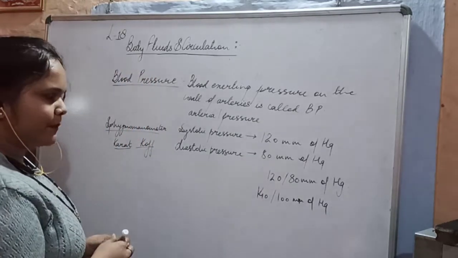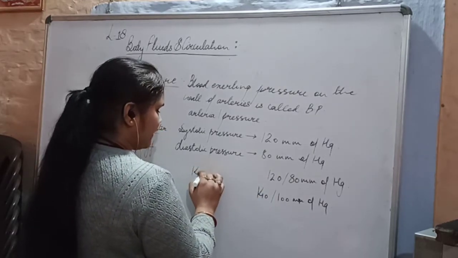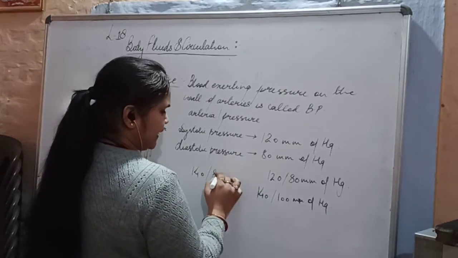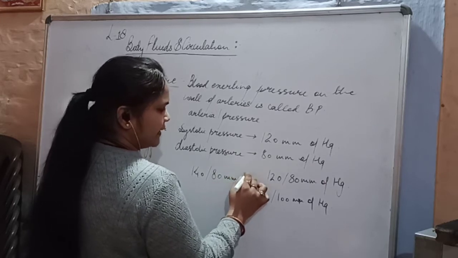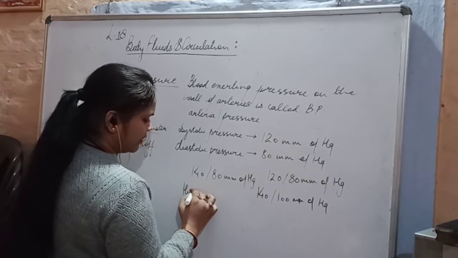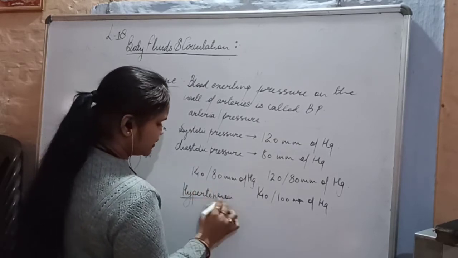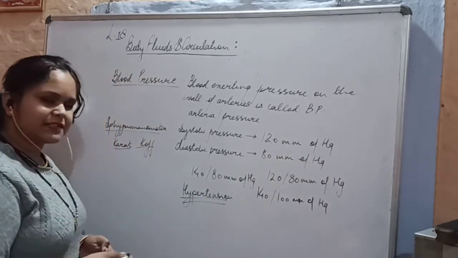When the blood pressure of a normal human being rises above 140 and 80 mm of Hg, that patient is considered to have hypertension. That disease is called hypertension.